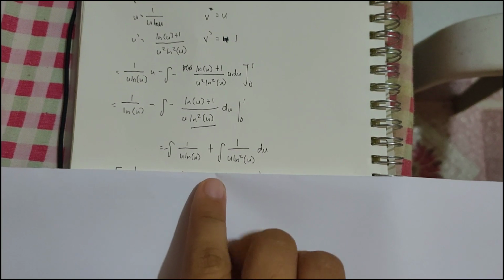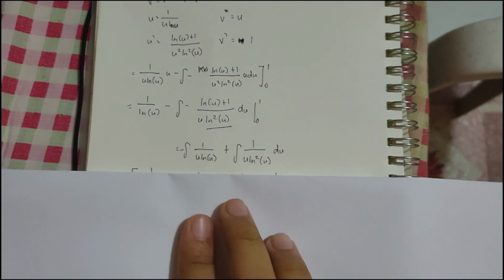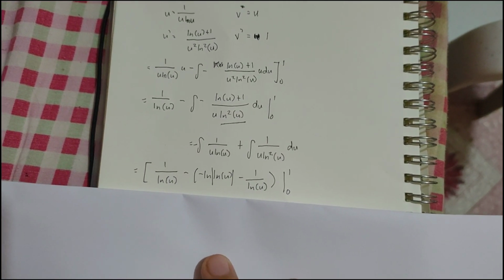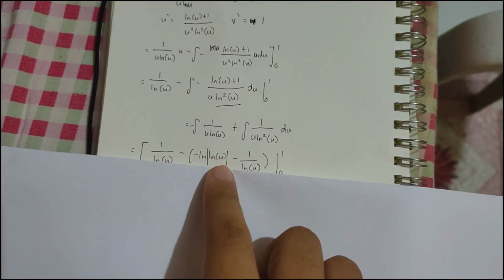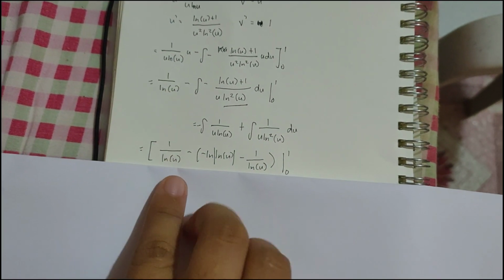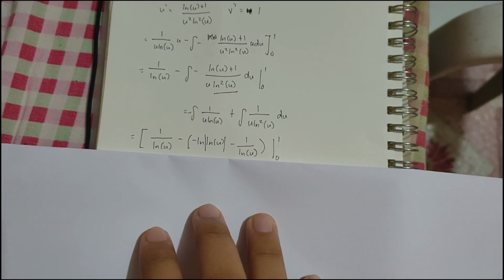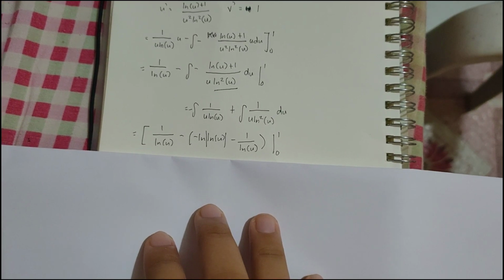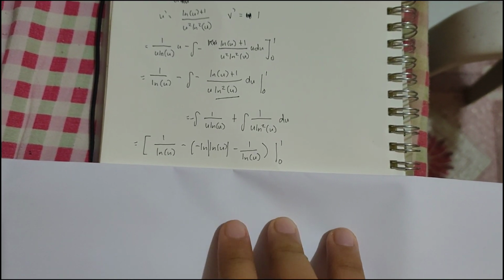In here, we will use the sum rule, which we will integrate both terms. And we will copy our first term. Our answer is 1 all over ln u minus ln of ln u minus 1 all over ln u, limits from 1 to 0.